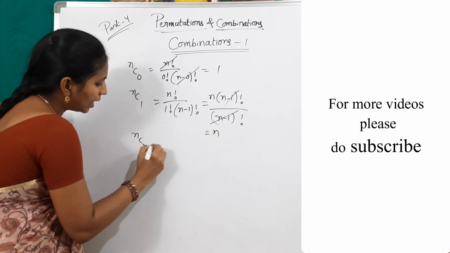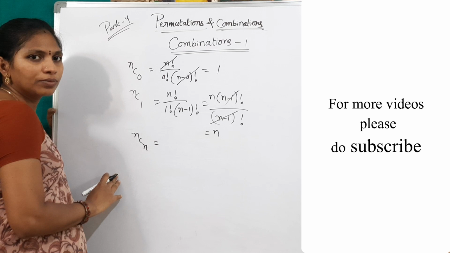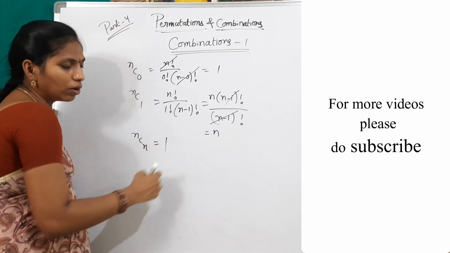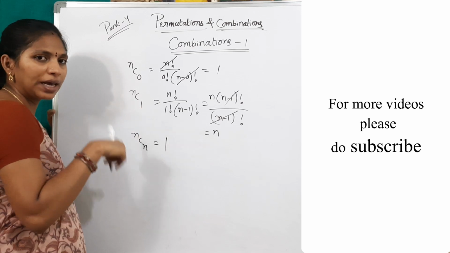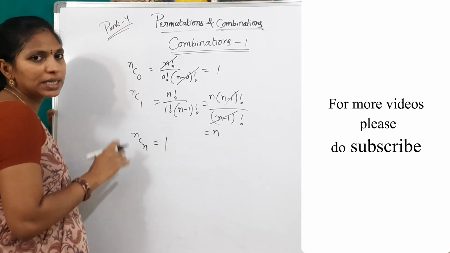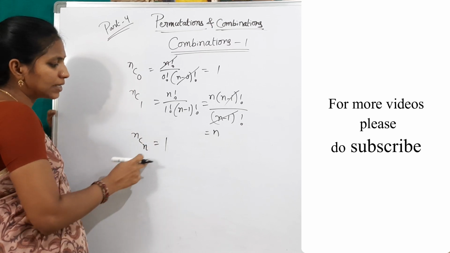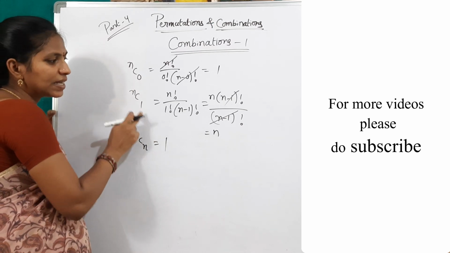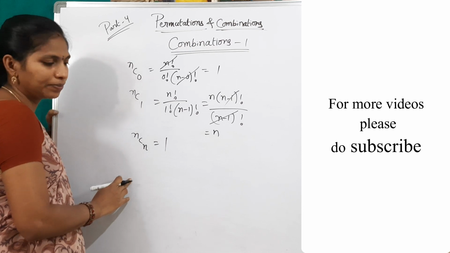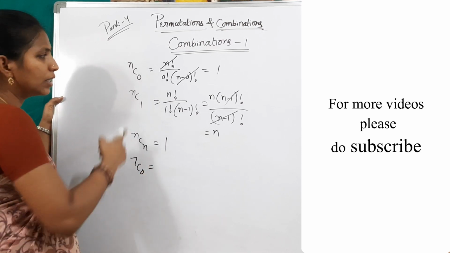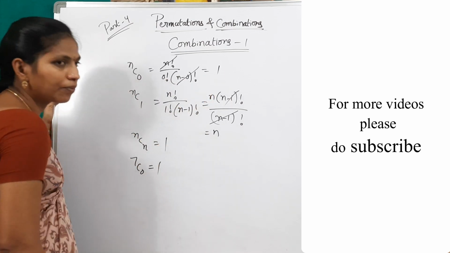Remember this: NC0 is equal to 1 and NC1 is equal to n. Then NCn, I have explained previously, NCn is equal to n factorial by n factorial into n minus n factorial. So this is also 1. NC0 and NCn are equal to 1, but NC1 is equal to n. See example, 7C0 equals what? 7C0 is equal to 1.